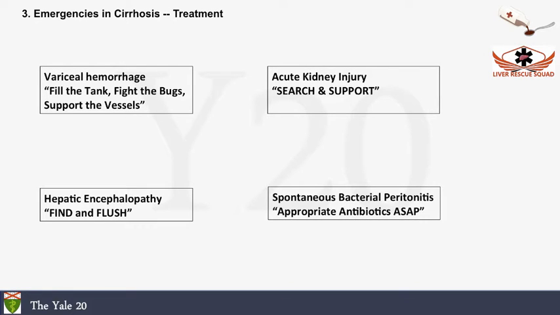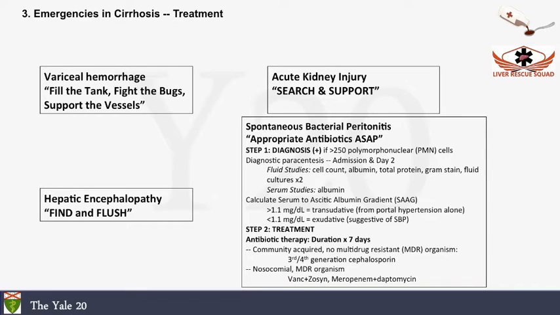Finally, spontaneous bacterial peritonitis, appropriate antibiotics ASAP. Step 1. If you see someone who comes in with a large belly, maybe some pain, you want to diagnose whether or not they have spontaneous bacterial peritonitis. It's positive if you have greater than 250 polymorphonuclear cells in the ascitic fluid. So you need a diagnostic paracentesis on admission and day 2.